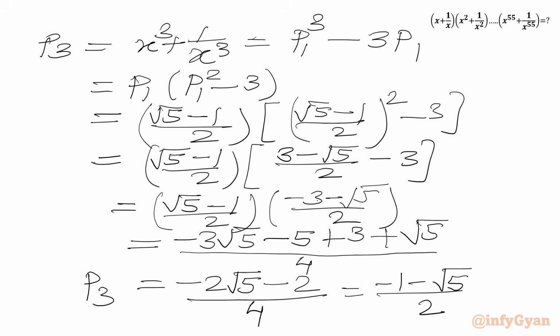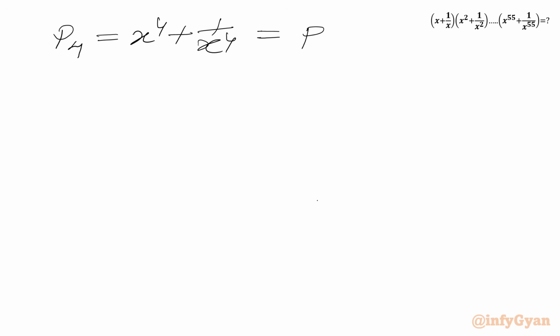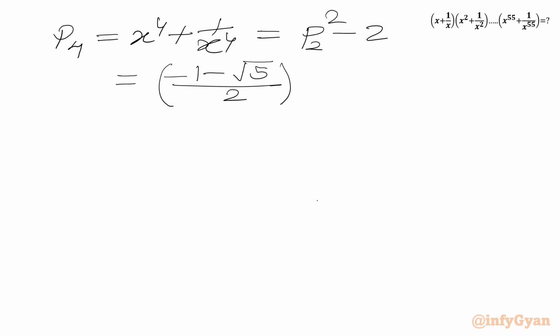Now we will find P4. So we can write P4 will be equal to x power 4 plus 1 over x power 4. This will be equal to P2 whole square minus 2. So we have the P2 value, ((minus 1 minus root 5) over 2) whole square minus 2.